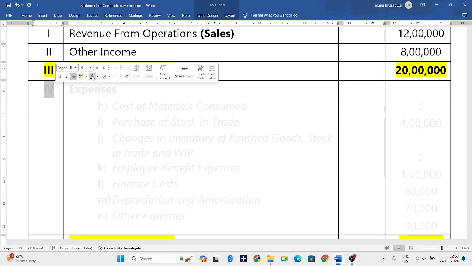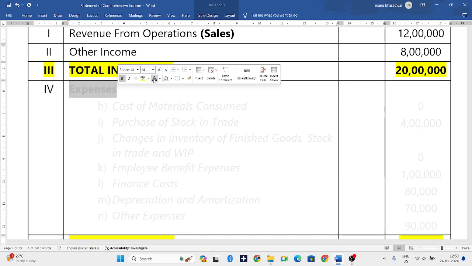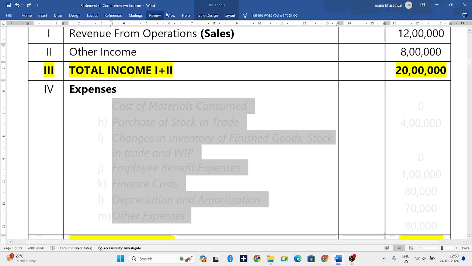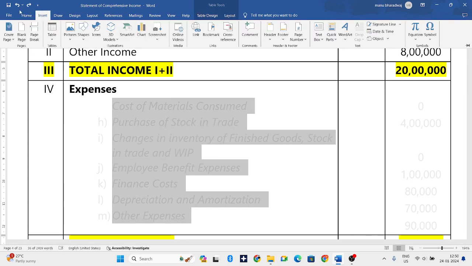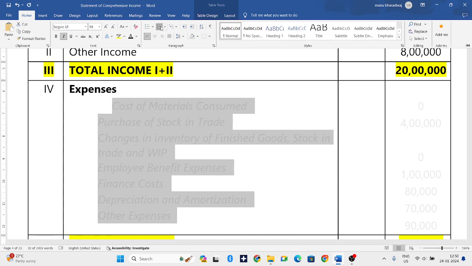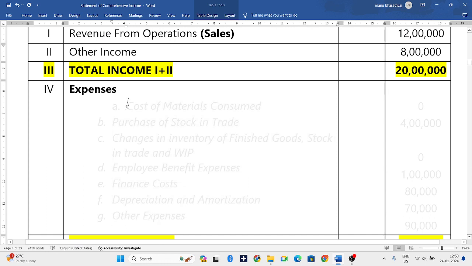Now for this total income, we need to add certain expenses. So those expenses we need to start adding. We have understood this while studying the format. In the question they would have given different types of expenses, but we will be classifying those expenses under 7 different heads, and the first head is cost of materials consumed.